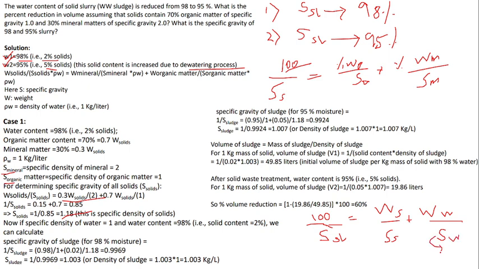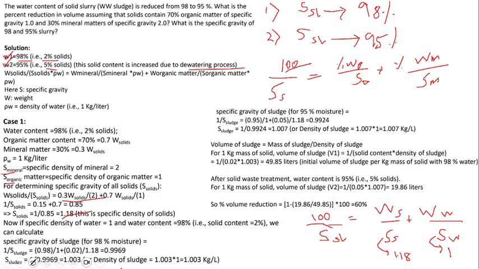This is 1, right? And this we have just found, 1.18. The only thing that is going to differ is the moisture content. So for 98 percent, substitute the solid content as 2 percent and 98 percent here. For 95 percent, substitute the solid content 5 percent and 95 percent here. Based upon this, the value will change.